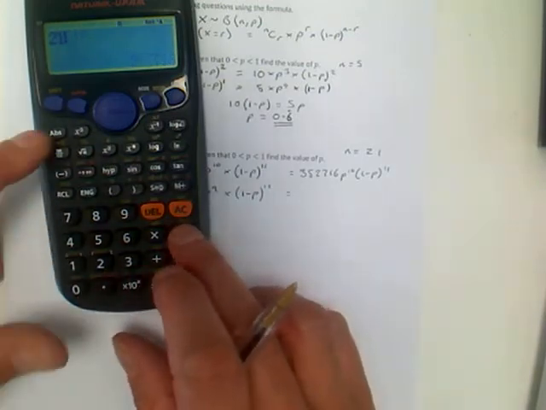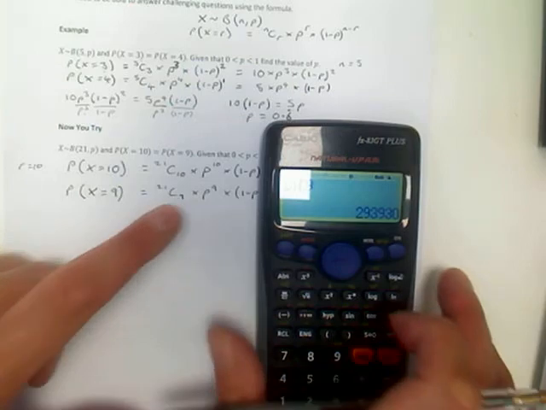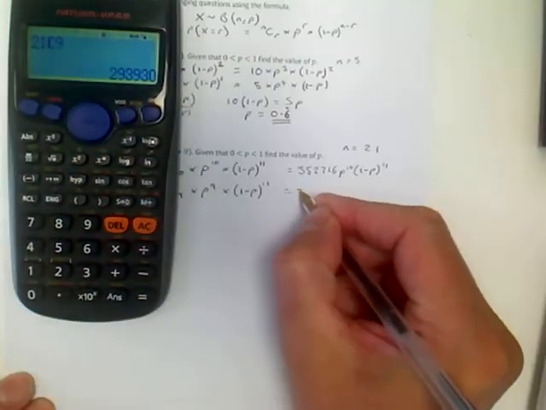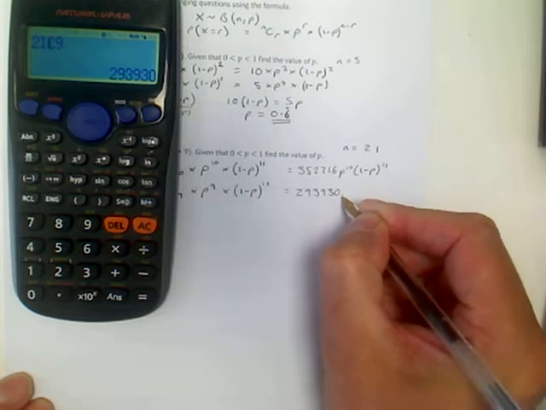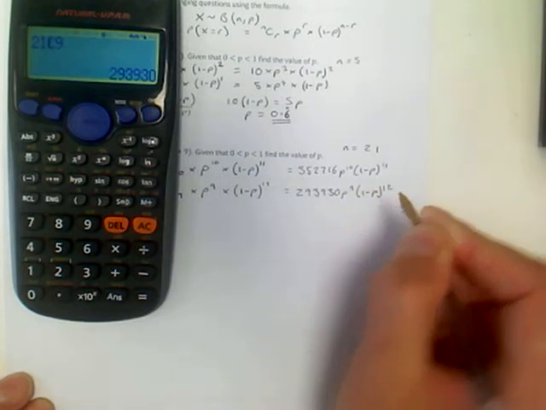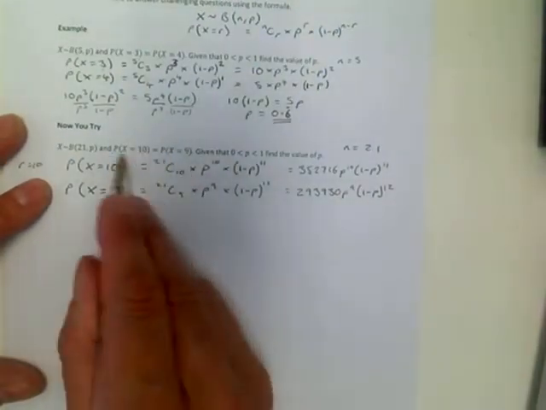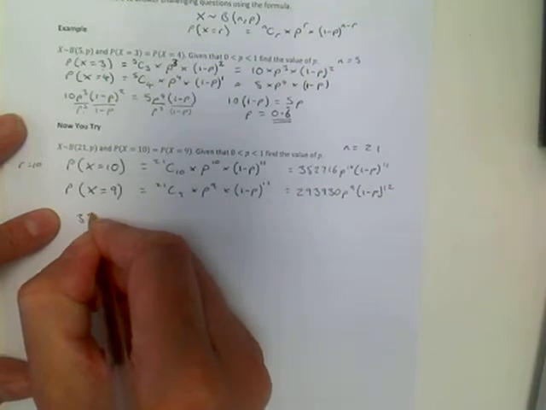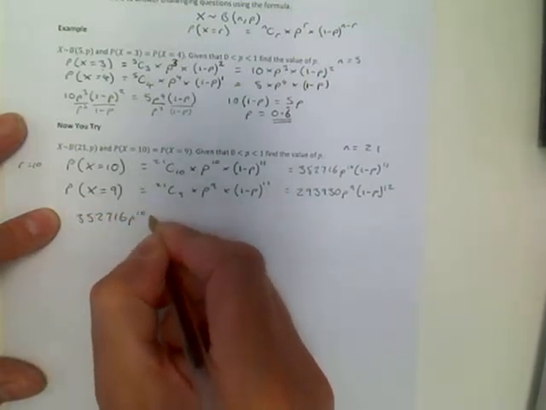21 C 9. I've got 293,930 p to the power of 9 times 1 minus p to the power of 12. Okay, I know those two things are equal, so I'm going to write out all of that.